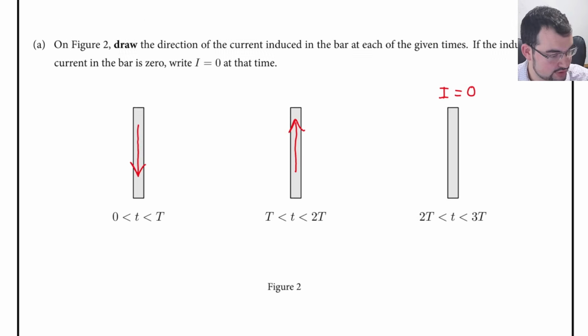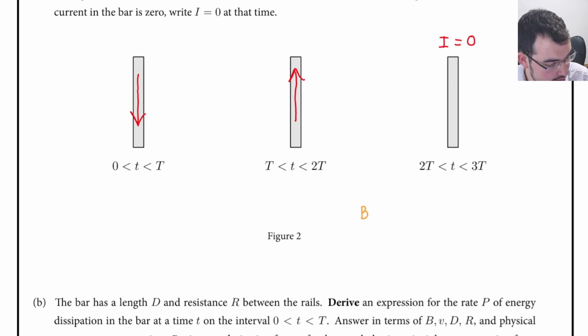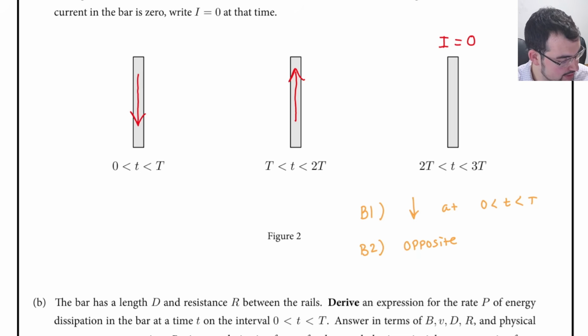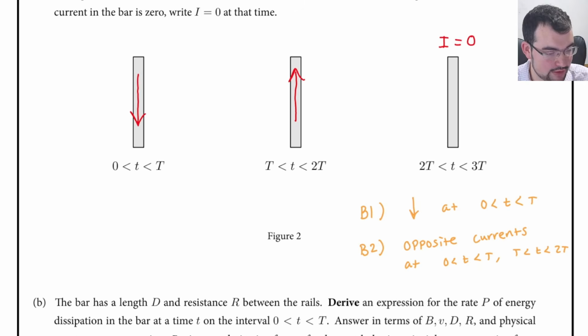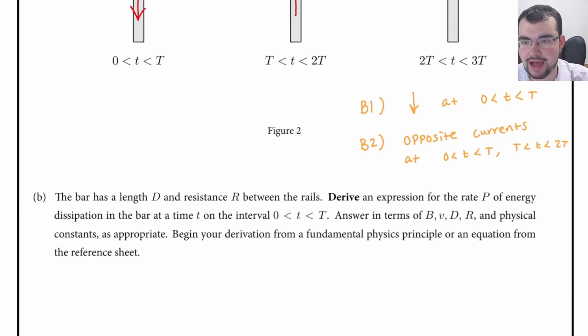So how did we score this? Well, A1 was a downward current on the first bar. A2 was opposite currents at the first interval and the second interval, because even if you got the right hand rule wrong, we wanted to reward the fact that the test taker recognized there's an opposite effect.